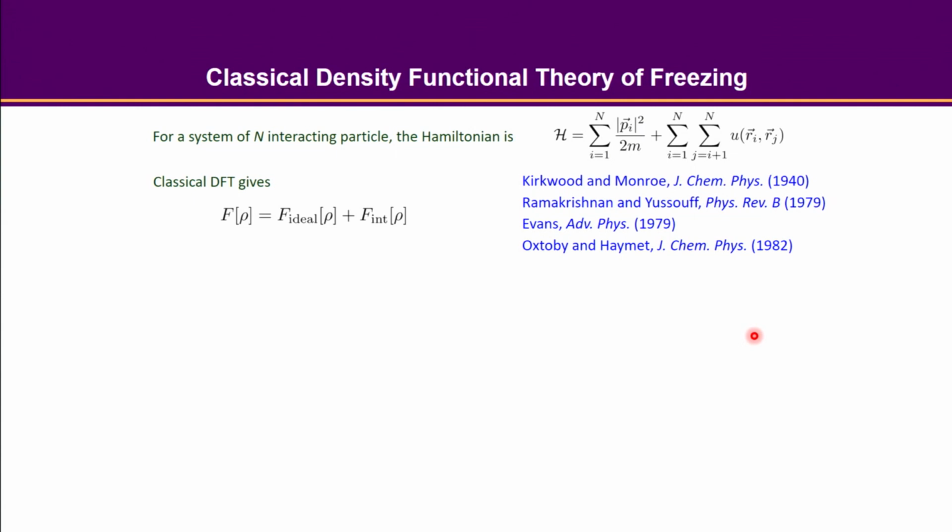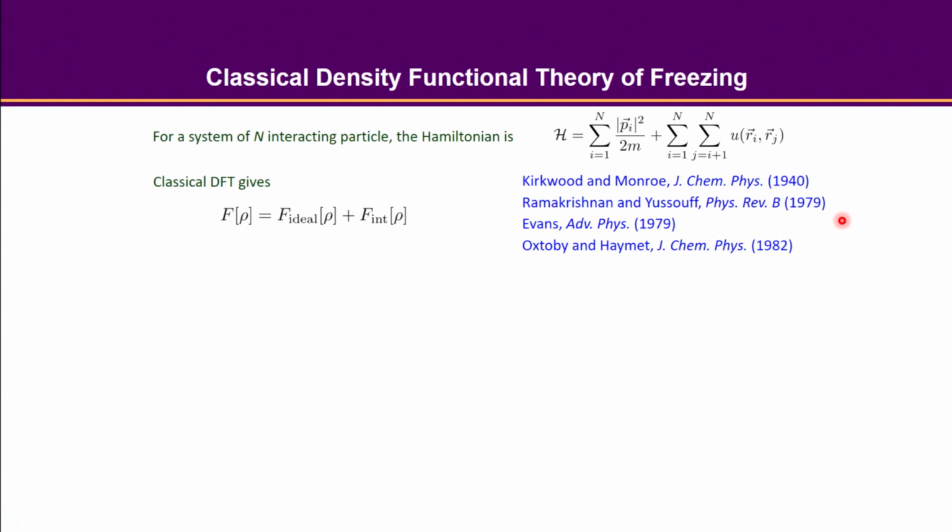There are a lot of important papers I'm listing here, like the Ramakrishnan and Yussouff paper, which is quite famous, in which they used the density functional theory to successfully capture the solidification or freezing behavior of hard spheres.